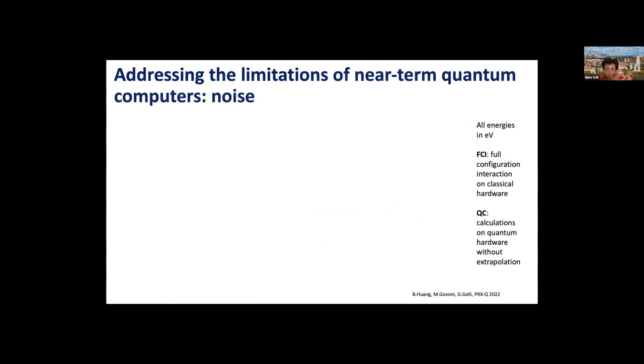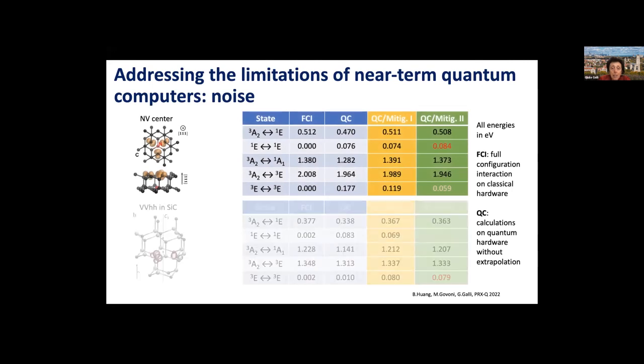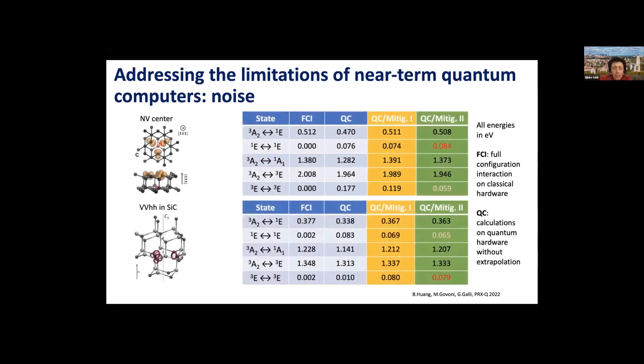So if you combine these two fixes, that's what we get. Under the column state, you see energy differences between states that, again, are labeled using group theory. It doesn't matter. These are just excitations. Full CI is on a classical computer, QC is on a quantum computer without noise mitigation, and the yellow and green are with different noise mitigations.